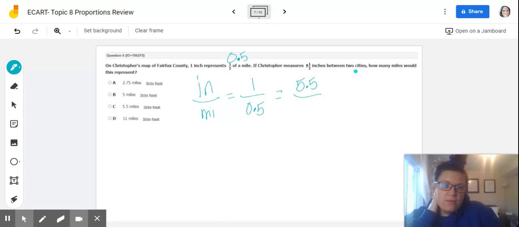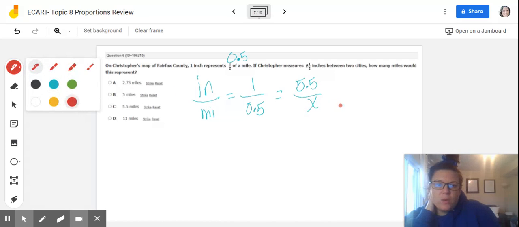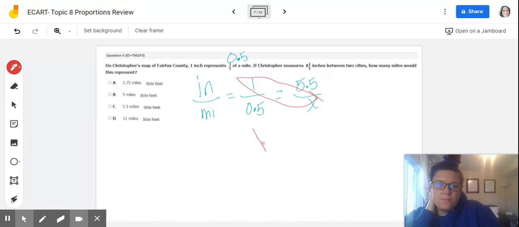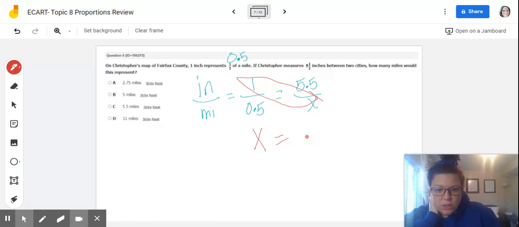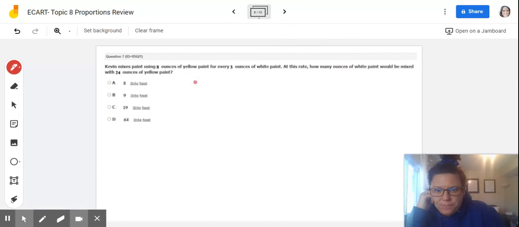So 5.5, how many miles? There's my x. So when I cross multiply, 1x equals 5.5 times 0.5. So I just turned those into these decimals. 2.75 miles. And I don't have to divide because I would be dividing by 1, right?